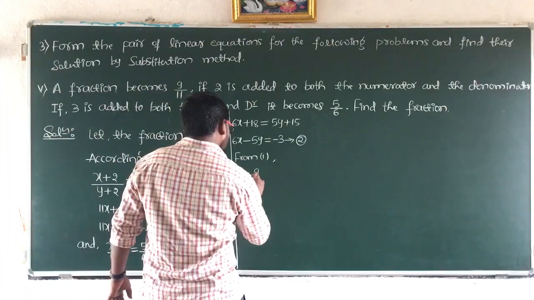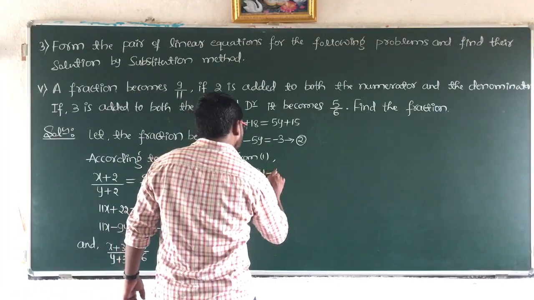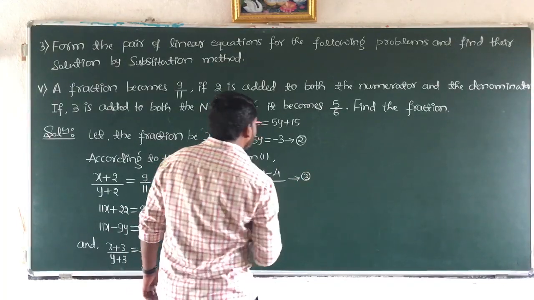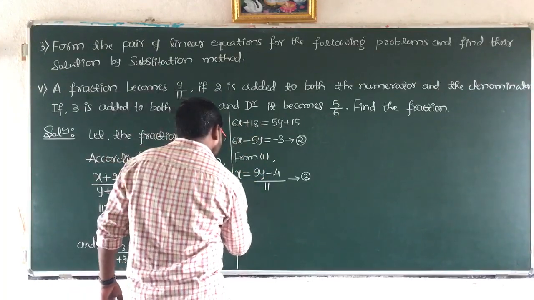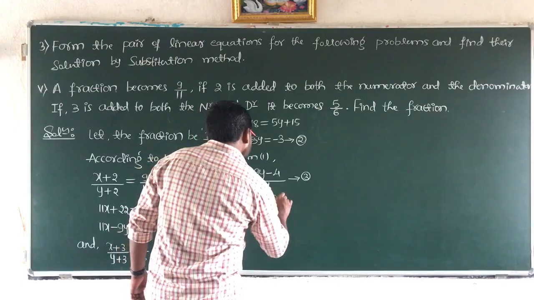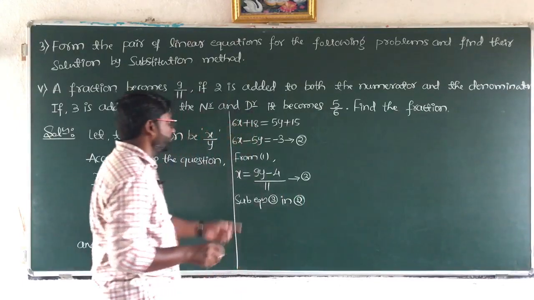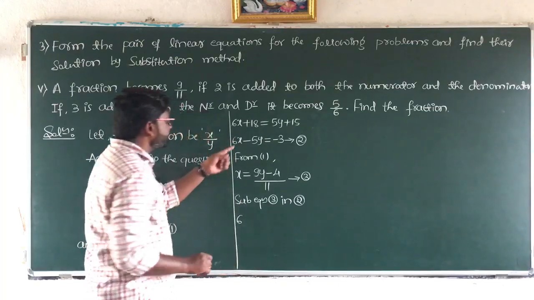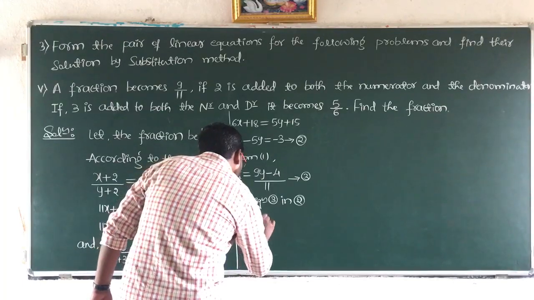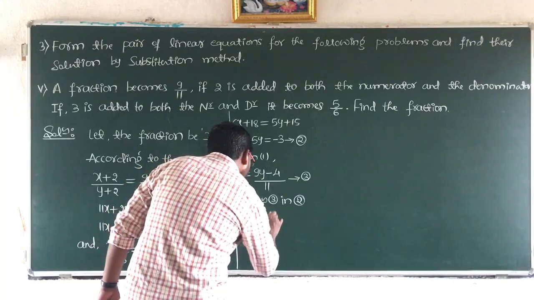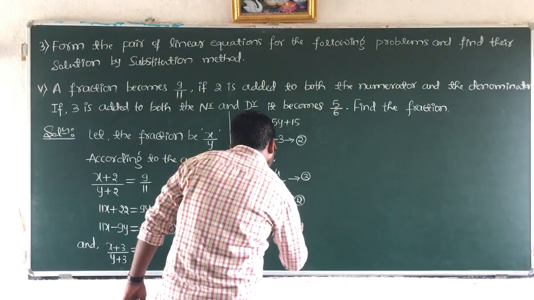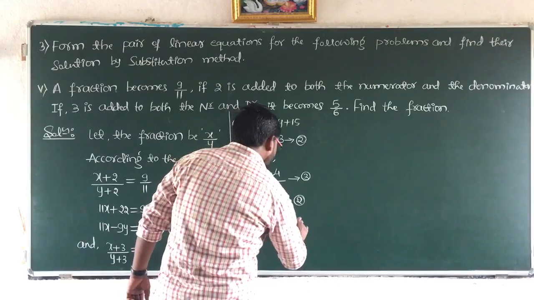So x equals 9y minus 4 divided by 11, call this equation 3. Now substitute equation 3 into equation 2. In place of x in 6x, write this one now. We get 6 times 9y minus 4 divided by 11, then minus 5y, which is equal to minus 3.